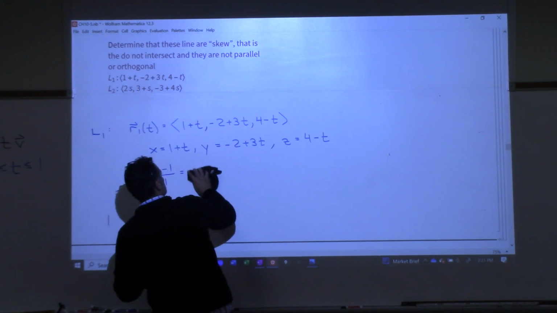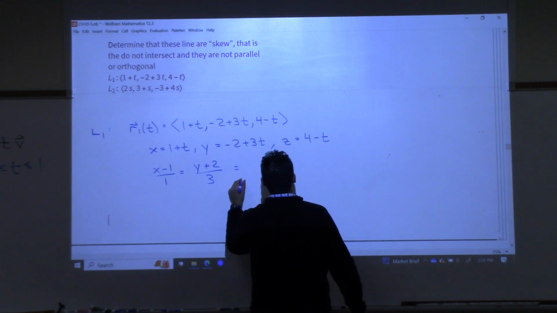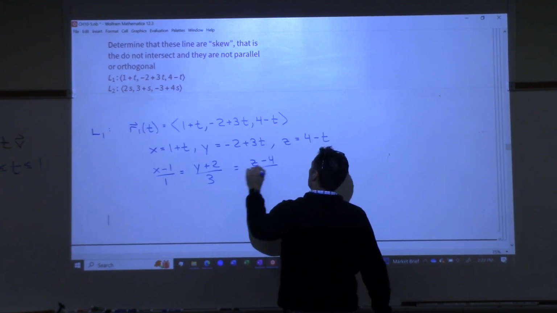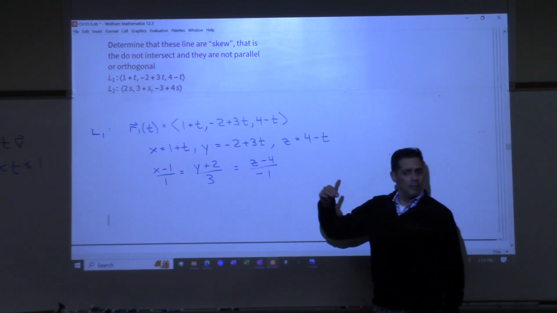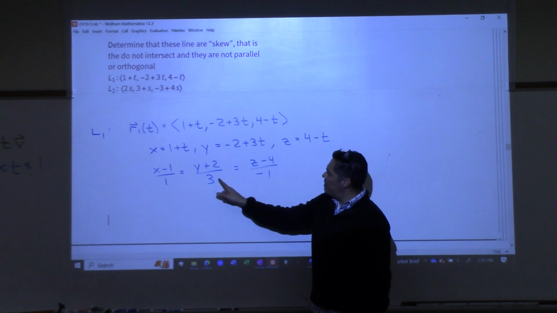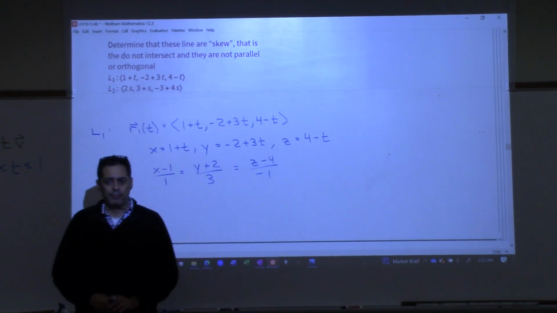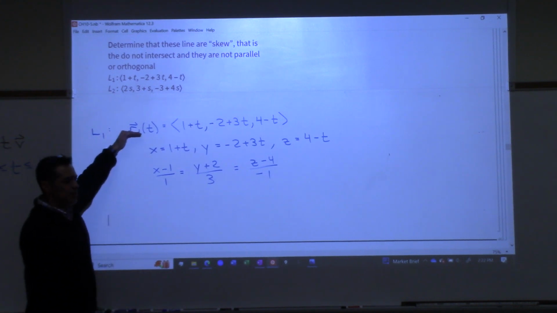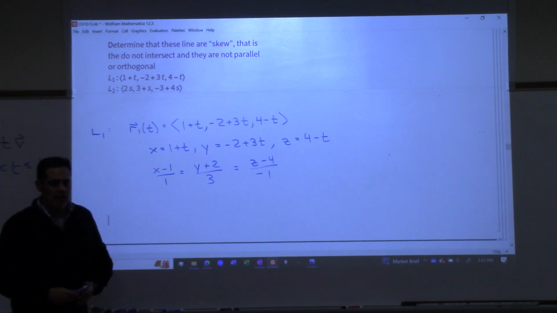Y plus 2 over 3 equals z minus 4 over negative 1. Okay, are you following what I'm doing here? Just taking that, solving for t, take that, solve for t, take that, solve for t, and then set them equal to one another. So I've got the vector function, parametric, and symmetric. I just decided to put all these things down here.